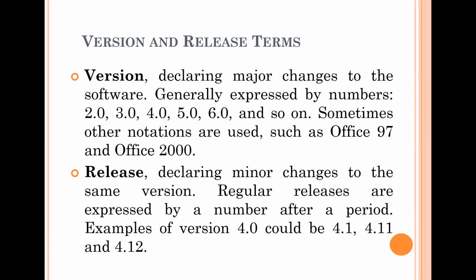Version here means that the software is given series numbers for its releases, by putting some kind of number to make sure it differentiates from the previous one, using numbers like 2.0, 3.0, and so on.